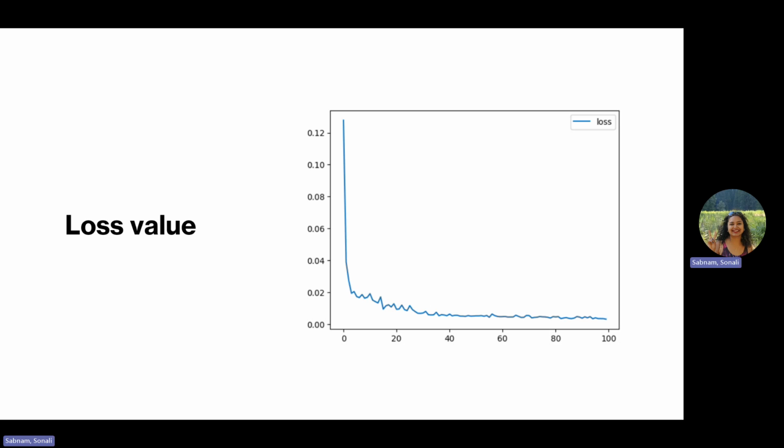Here we can see the loss value. This plot represents the training loss curve for the redesigned neural network. The graph illustrates the decrease in the loss value over 100 training epochs. Initially, the loss starts at a high value, reflecting the model's poor initial predictions, however, it rapidly decreases during the early epochs, indicating effective learning and optimization of the model's parameters.